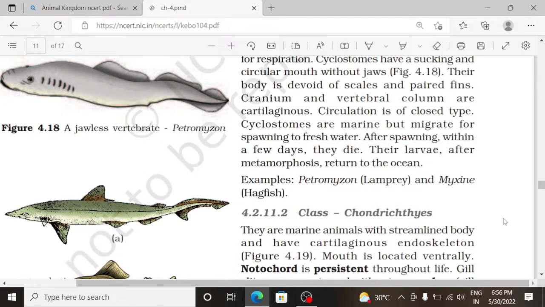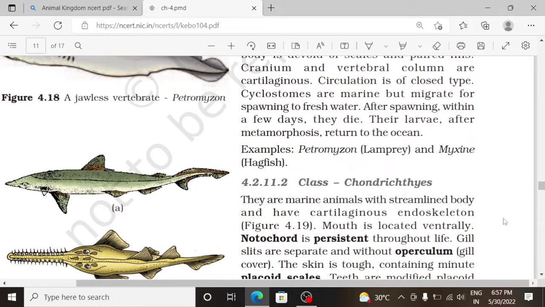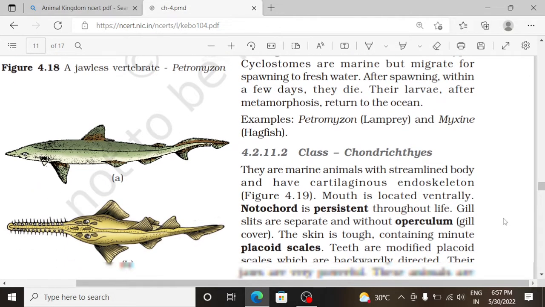Cranium and vertebral column are cartilaginous. Circulation is of closed type. Cyclostomes are marine but migrate to fresh water for spawning. After spawning, within a few days they die. Their larvae after metamorphosis return to the ocean. Examples are Petromyzon, called lamprey, and Myxine, called hagfish.